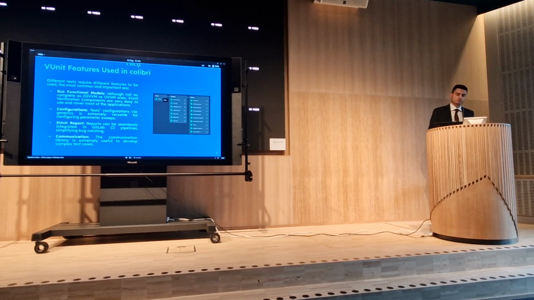The other important part is the reports, which are in a format that can be integrated in the pipelines, simplifying the bug catching and early debug during development phases. And also the communication, which we used a lot to develop very complex test cases because the communication can handle different processes, even in different entities, so this is very useful.